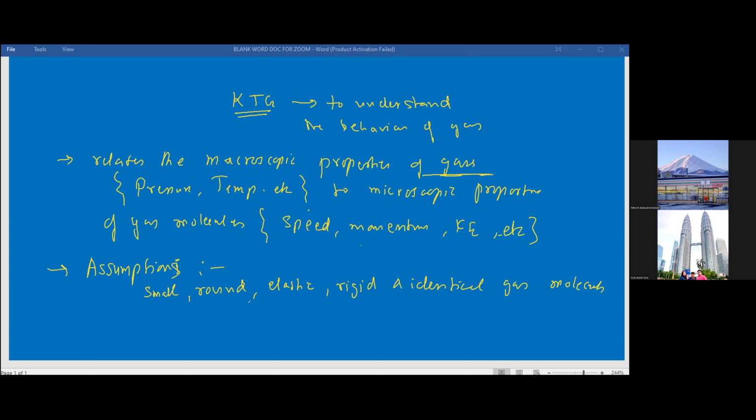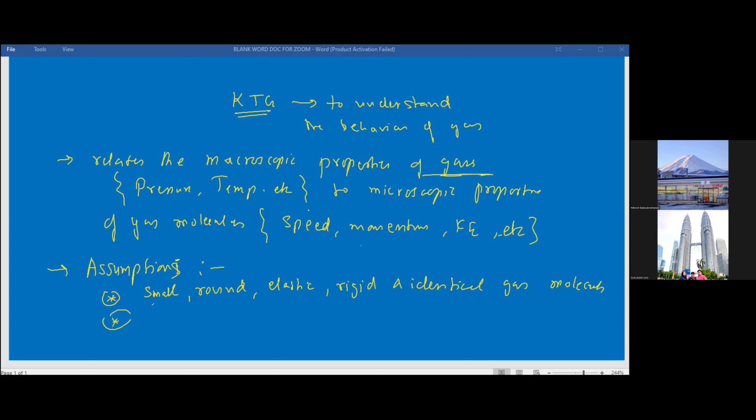In most books, these assumptions are written separately: gas contains extremely small gas molecules, these gas molecules are round, these are elastic, they are rigid. Here we have written it in a single statement. Then what are the other assumptions?